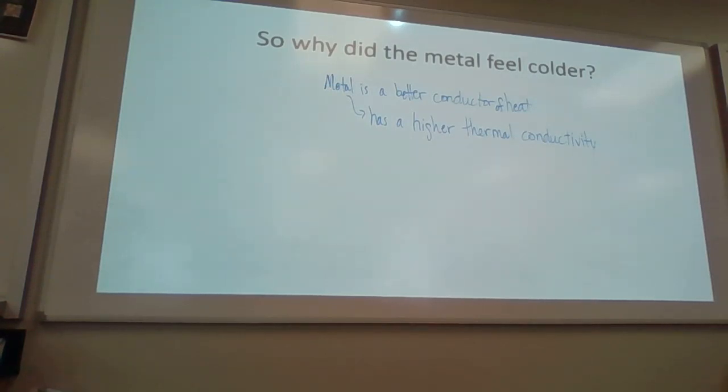What's hotter? You or the things that you touched? You're 98 point something. The things you're touching are all 69 degrees. So which way is heat going? Out of you into the objects you're touching.